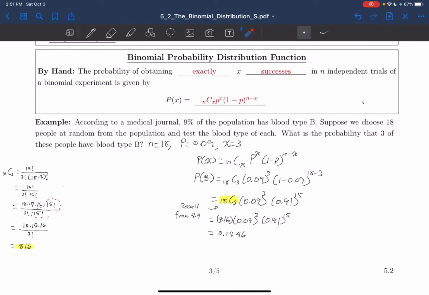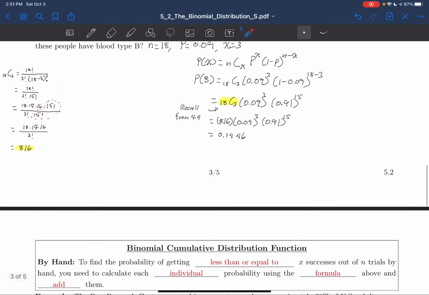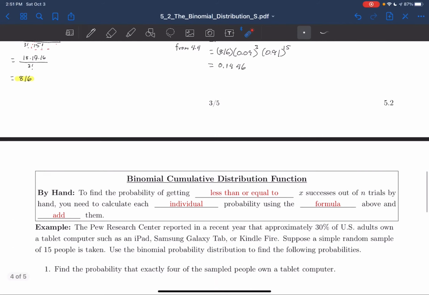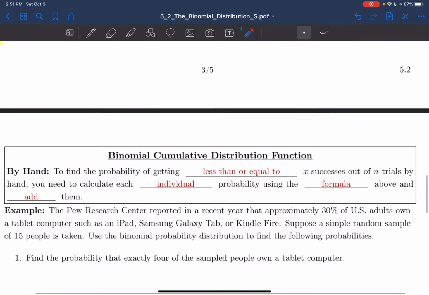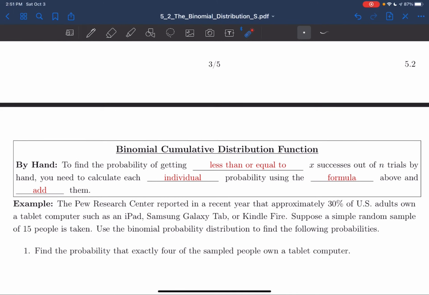The great thing about probabilities with binomial experiments is that since we know each trial is independent, that comes with some special properties with probabilities. For binomial cumulative distribution functions, to find the probability of getting less than or equal to x successes out of n trials by hand, you need to calculate each individual probability using the formula above and add them. What does this mean?